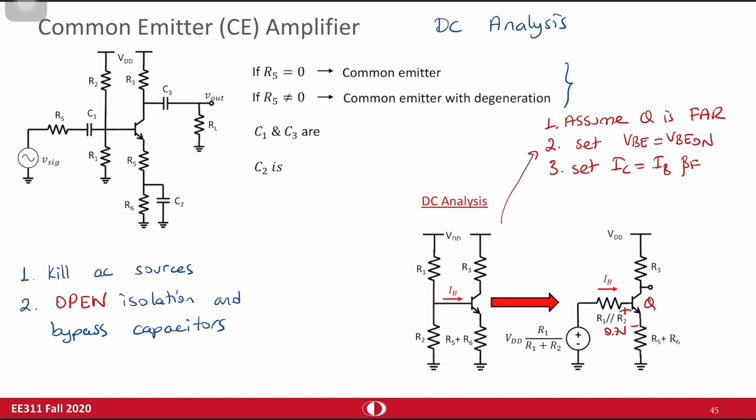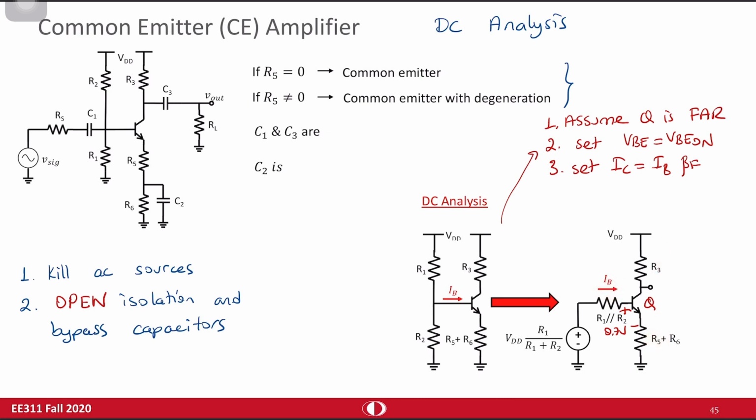Now you can write a loop equation in here because you know this voltage, you know this voltage, you know the relation between I base and I emitter. I emitter current is beta F plus 1 times I base, and you know the resistance values. So from here you should be able to find I base value. Now you can find I base, I emitter, and I collector, which is good.